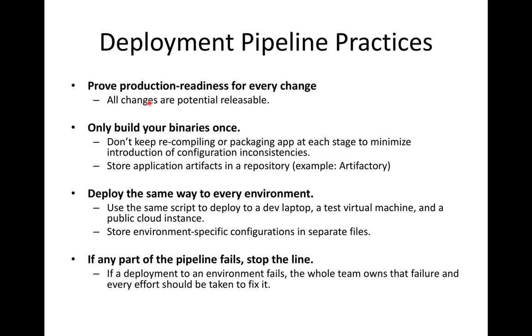Okay, so some of the common practices around our pipeline deployments. Well, we're using our pipeline to prove that our code is production worthy. So that's the purpose of the pipeline. When you first build the pipeline, oftentimes it's sort of basic, and it's very likely that some defects will make their way through the pipeline.